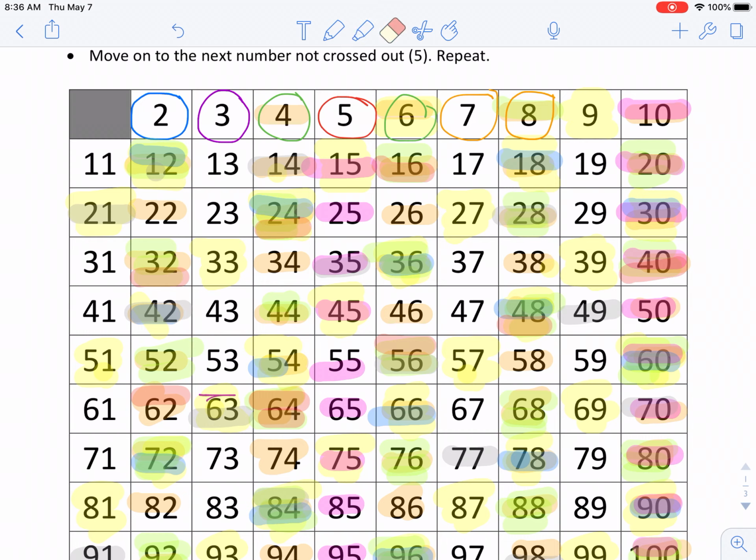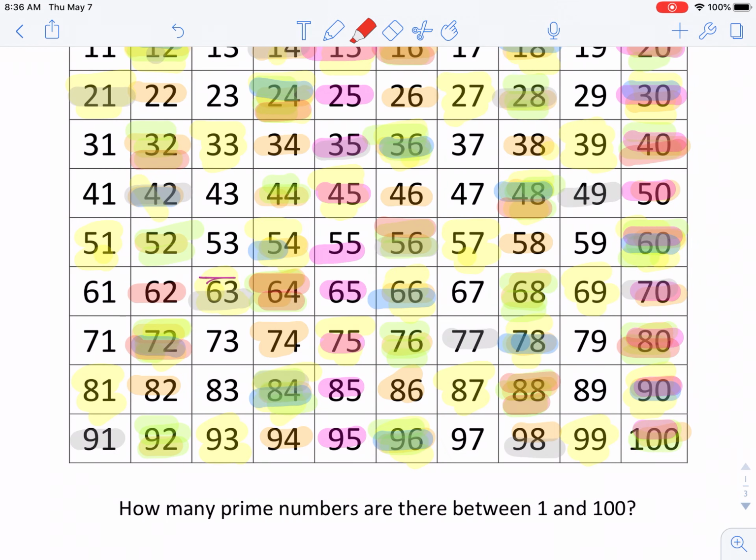My bad, 62 wasn't, but it was another color, so it still should be colored in. 64, 72, now I'm right on. 80, 88, and 96. Okay, so there weren't too many 8s.